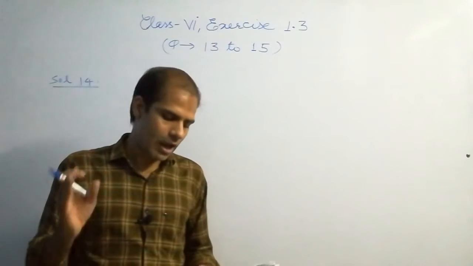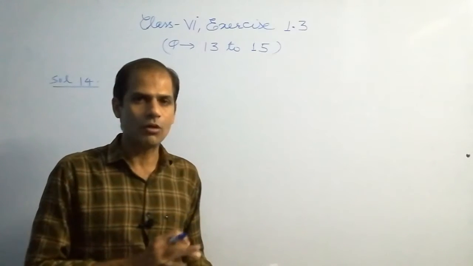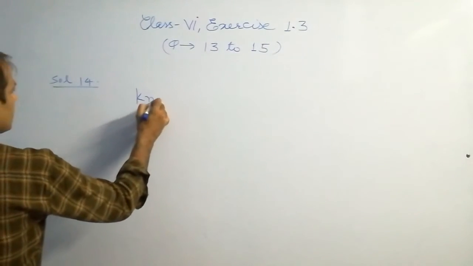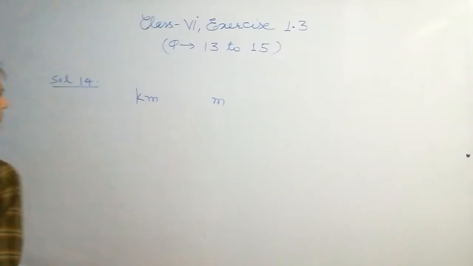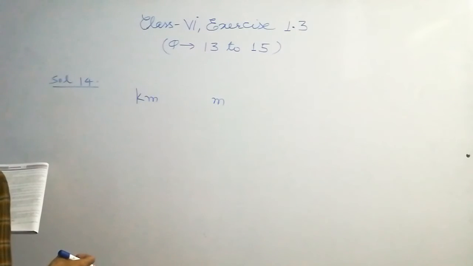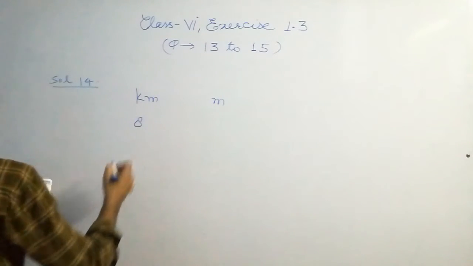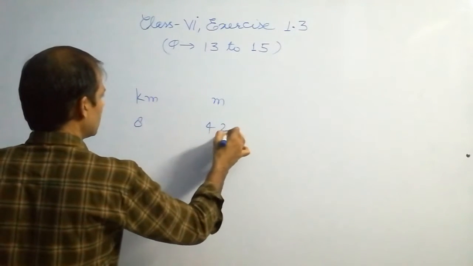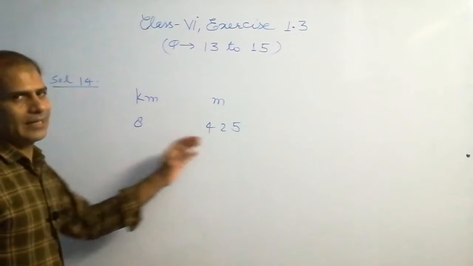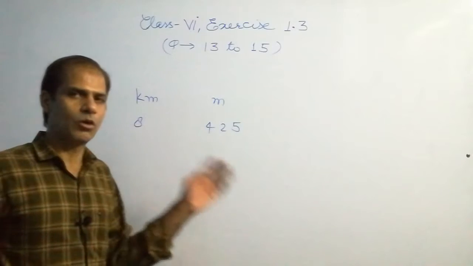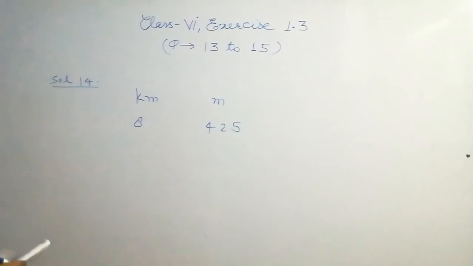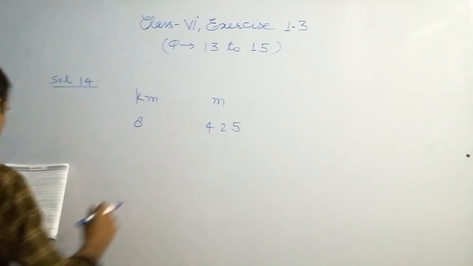It means we have to find the sum of all these three values. So we will write kilometer and meter. Okay, and first value is 8 km 425 meter towards north. You don't need to write the direction. Okay, whatever it is, towards north, towards west, towards east, no need to write, just write the values.